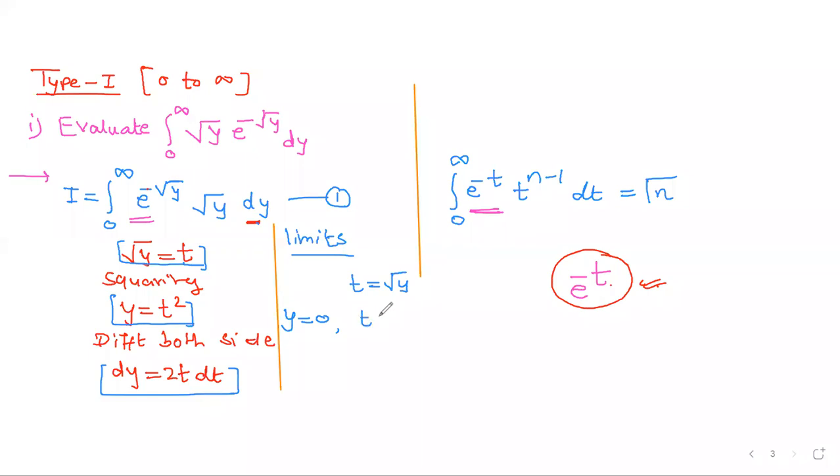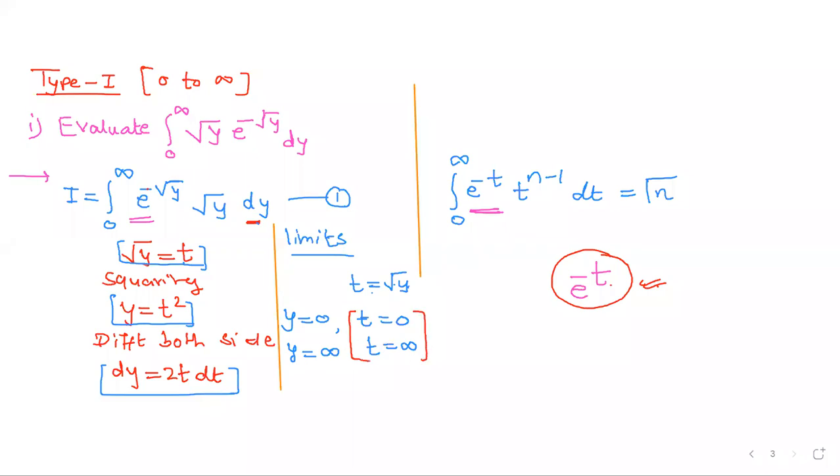If you put in this, t is root 0, which is 0. Y is equal to infinity, t is equal to root infinity, which is also infinity. Means in this type, there is no change in limits. So these are same limits.